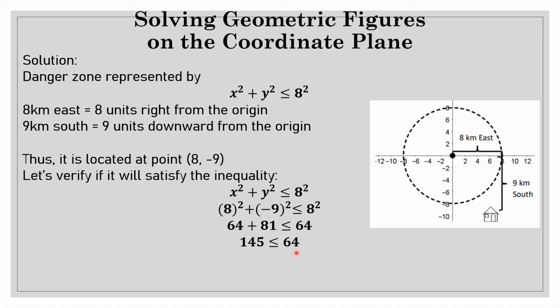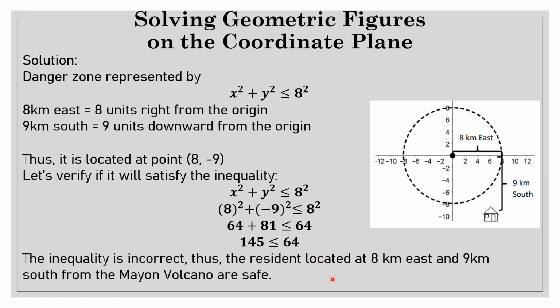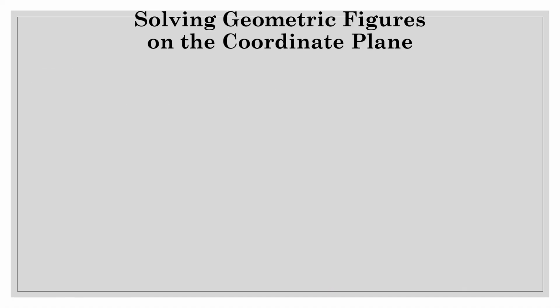It means yung location natin is outside the circle. At ang conclusion natin is yung ating resident is outside the danger zone. So, hindi na kailangan mag-evacuate. That resident is already safe.